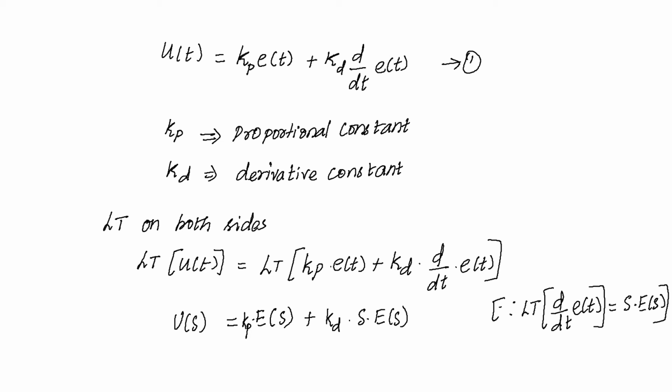So U of s is equal to Kp dot E of s plus Kd dot s dot E of s. I'm going to write the equation once more for your reference: U of s is equal to Kp dot E of s plus Kd dot s times E of s.